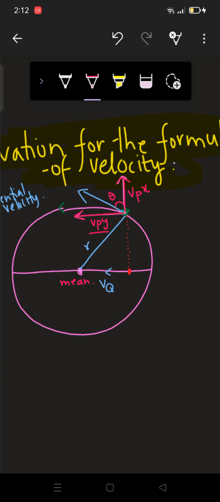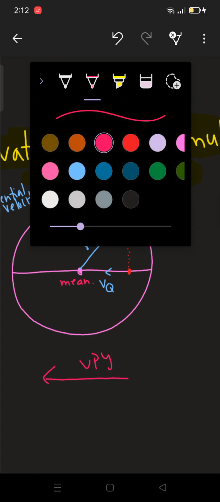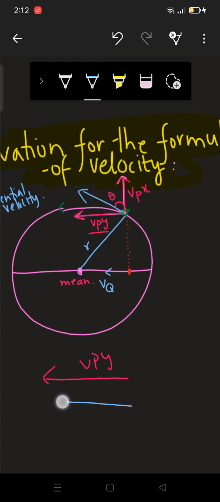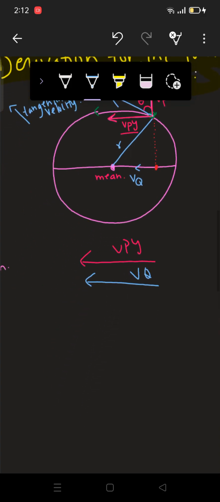Both have the same direction, vpy and vq, which means the vp x component is not responsible for vq's velocity. However, the vp y component is responsible for the velocity, right?